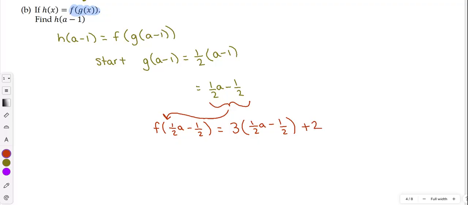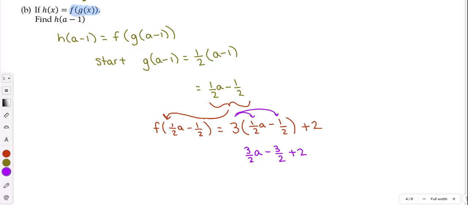Again, the output from the previous section is my new input for the next part. Again, we are going to distribute this 3 to everything. We get 3 over 2a minus 3 over 2, and we have plus 2.